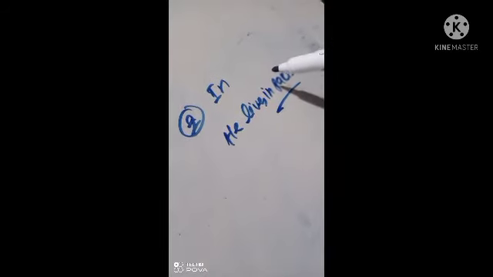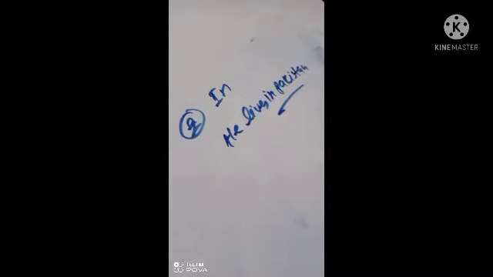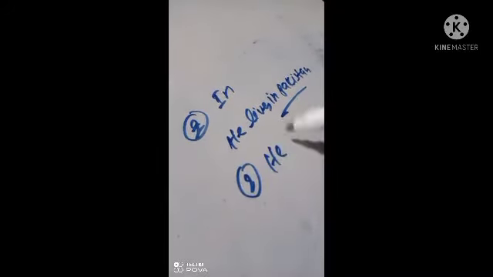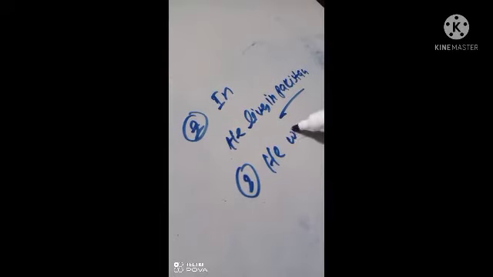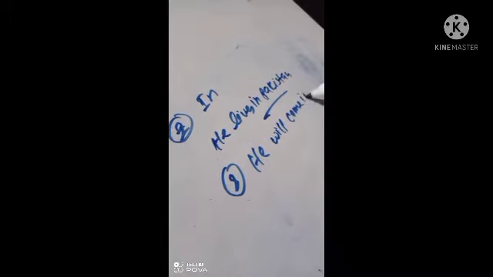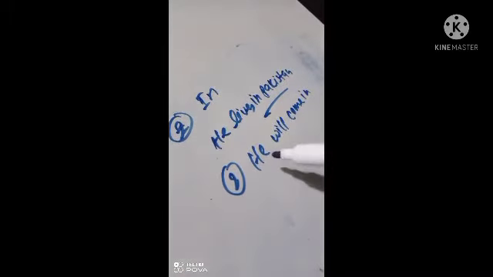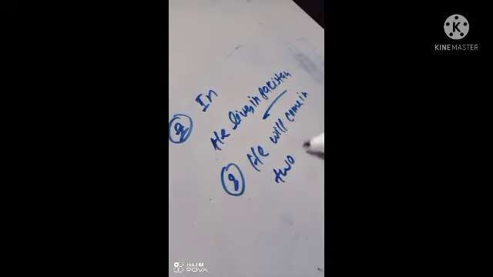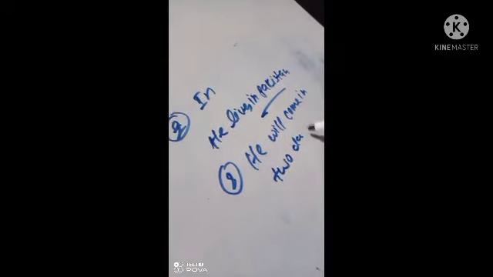Okay, so here before a country "in" is used. Next, it is also used for a period of time. For example, he will come in 2 days. So there is time, the remaining: in 2 days he will come.